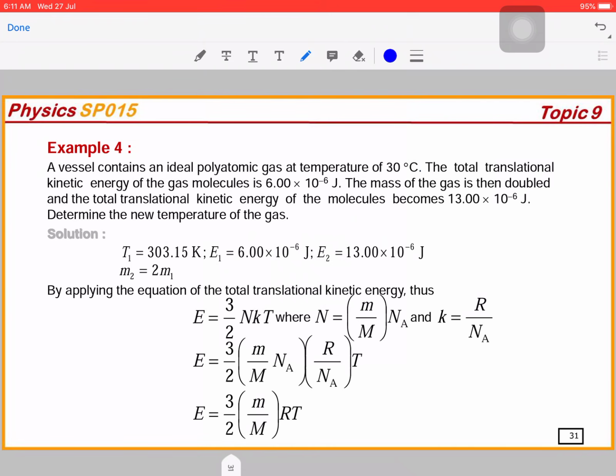Okay. By applying the equation of total translational kinetic energy, we have E is equal to 3 over 2 NkT, where N, the number of molecules, is m over M times N_A. And k is equal to R over N_A. So, you rearrange your equation, you will get 3 over 2 m over M, molar mass, RT.